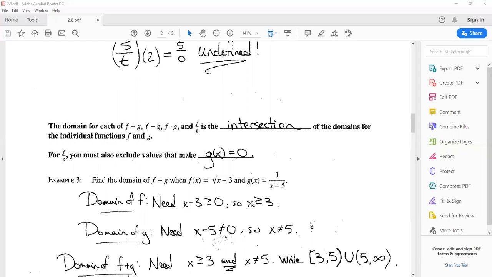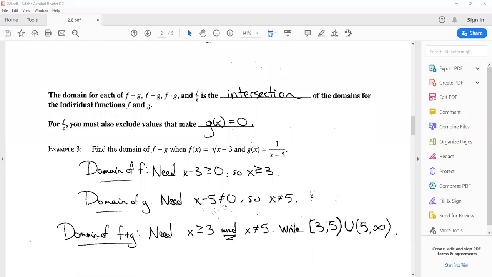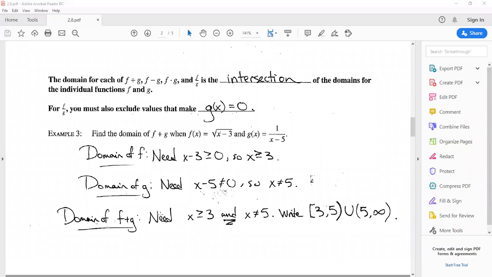So we need to have all the x that are greater than or equal to 3 except for x equals 5, because that one is no good for g of x. So in summary, then, I guess that gives us two intervals. The interval from 3 to 5 that includes 3 but doesn't include 5. And then union with the interval from 5 to infinity, and of course, not including 5.